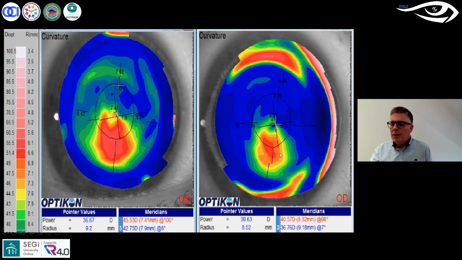But look what's happened to his level of keratoconus. We can see here very, very clearly indeed that the degree of keratoconus hasn't gone away with this contact lens in situ, but it's certainly reduced to a very, very acceptable standard.